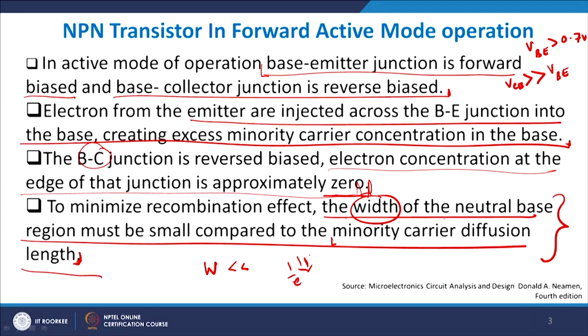So, if your base width is even smaller than that, then by the time the electron moves, I would expect that no large recombination has taken place.